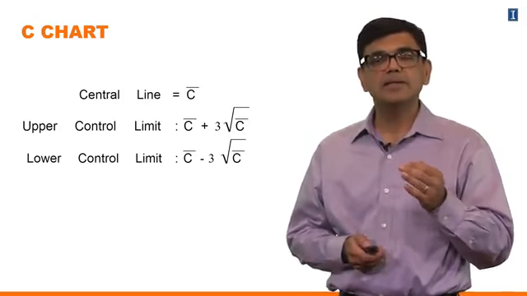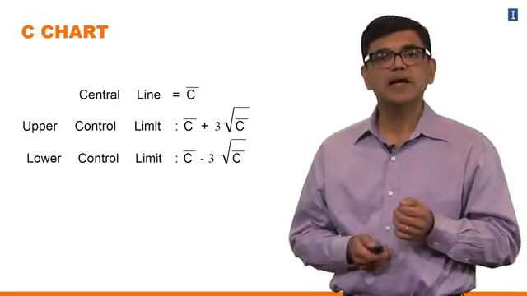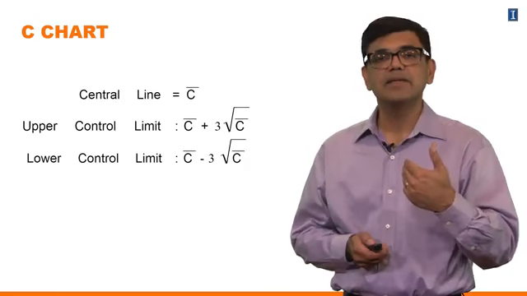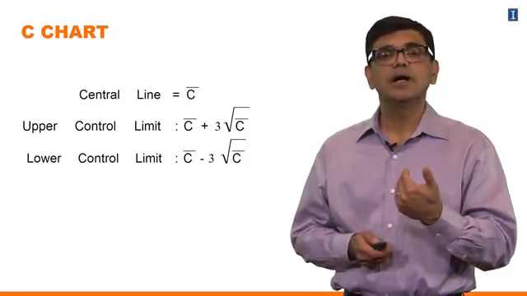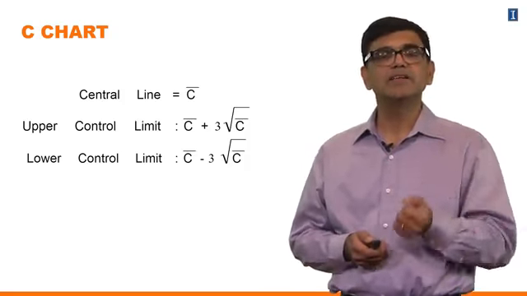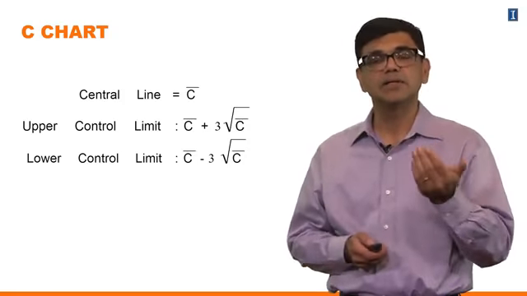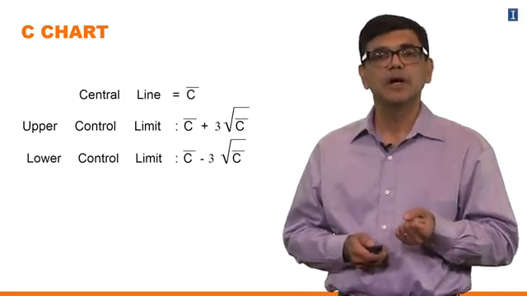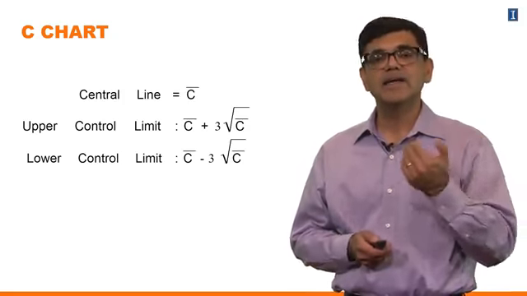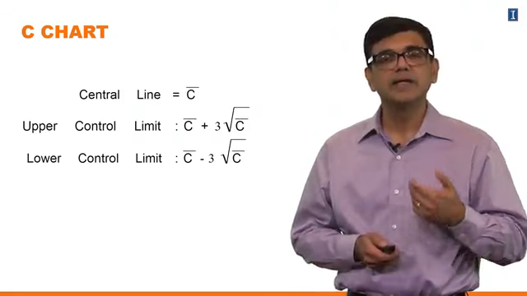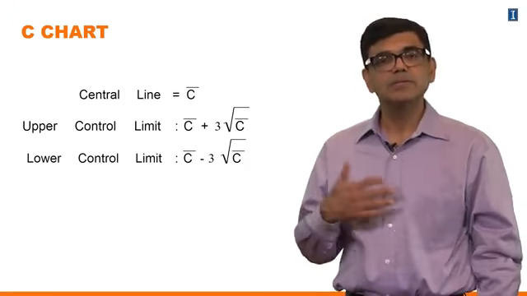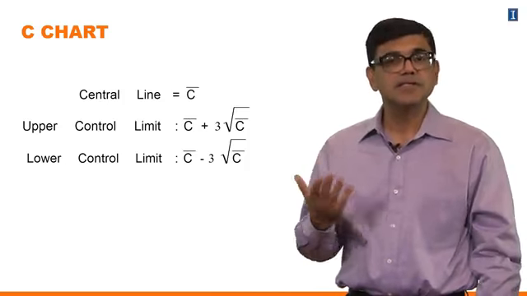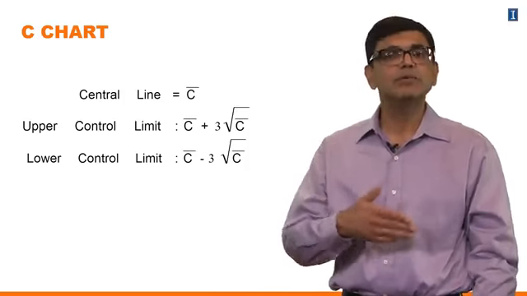The nice part about this kind of distribution is that the standard deviation is simply the square root of the mean. So the center line is C bar, the mean count of defects, and the standard deviation is simply the square root of that. The upper and lower control limits are based on the mean plus or minus 3 times the standard deviation, which is the square root of the mean.